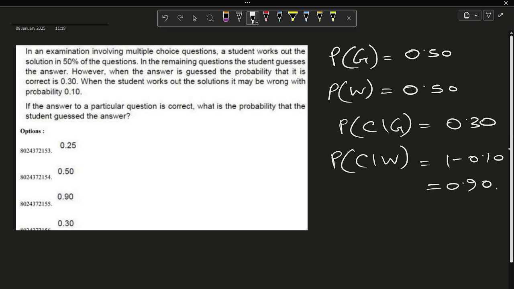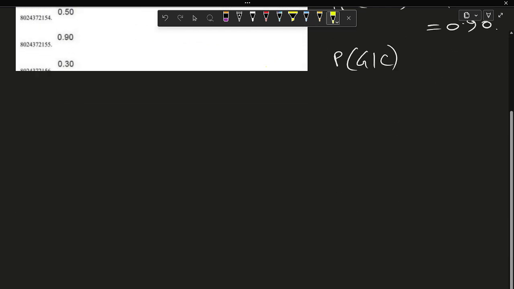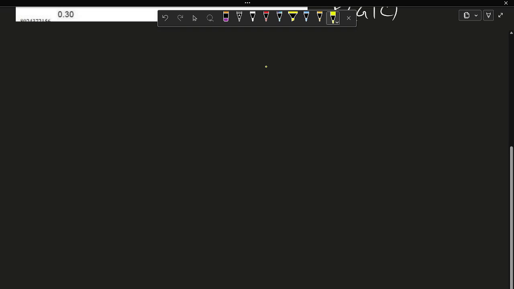We need to calculate the probability that the student guessed the answer given that it is correct. So we have to use the Bayes theorem in this question.